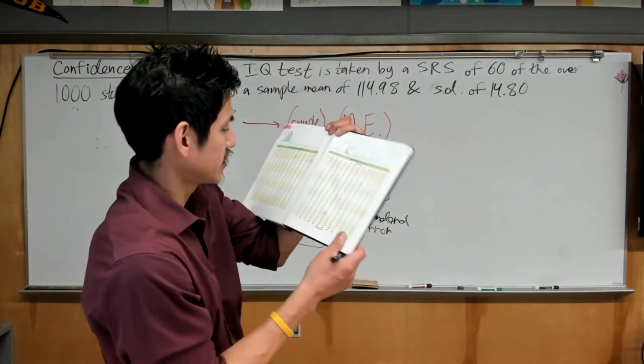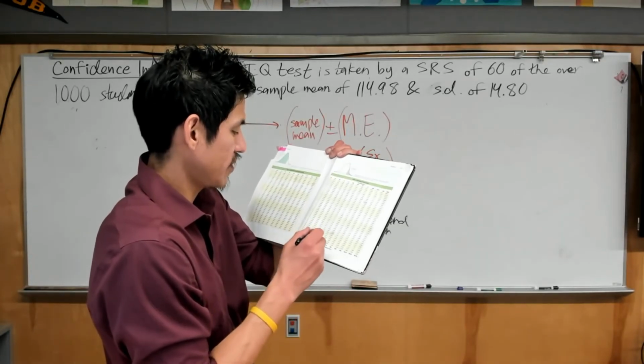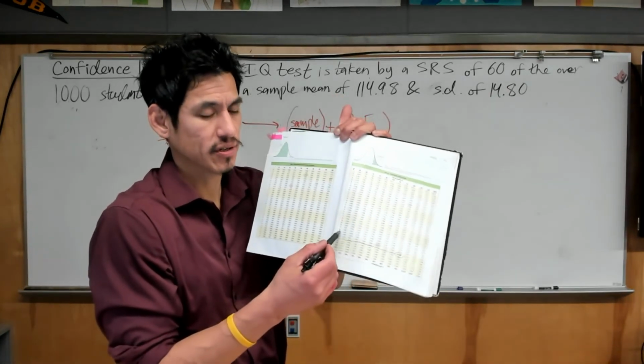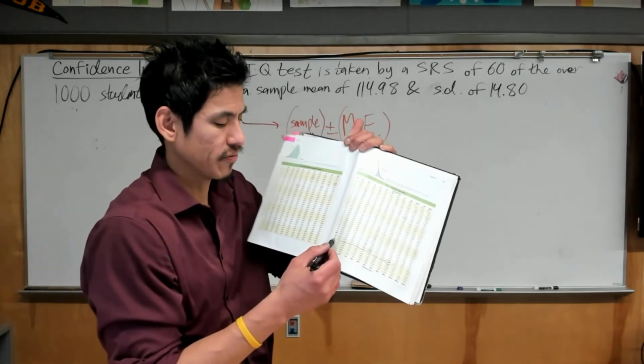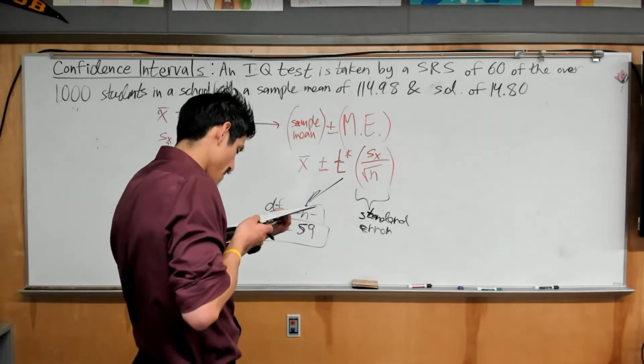So we look for where it has 59 or less, which is 50. Since it doesn't include 59, we go to the value that's less, 50. And that will give us a t-star of 2.678.